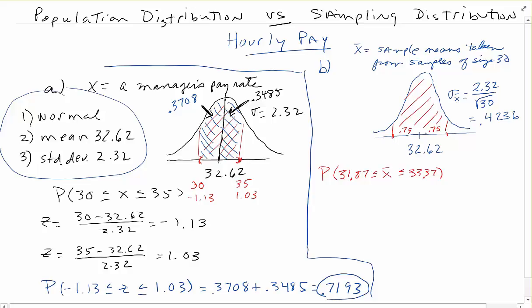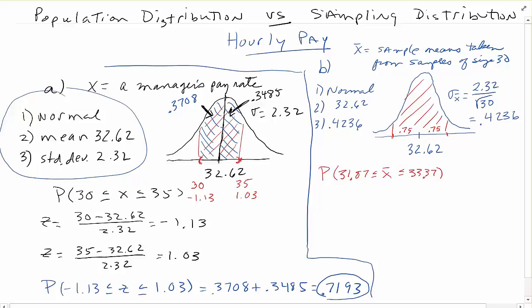I can use the standard normal table because I know the sampling distribution is normal, since I'm using a sample size of at least 30. I know the mean, which is 32.62, and I know the standard deviation, which is the standard error when you're sampling, 0.4236.